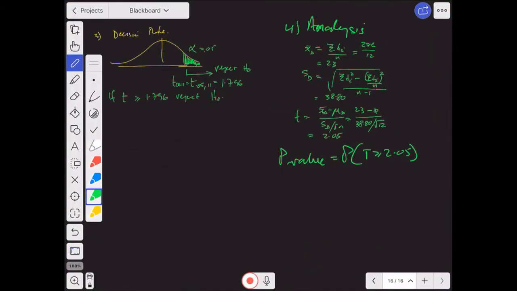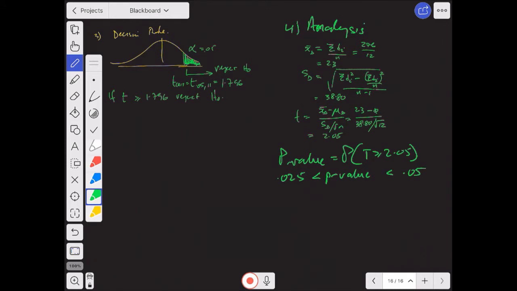So our p-value, turns out, is actually larger than 0.025 but smaller than 0.05. So we have to write it as an inequality. Okay, so now we have the p-value.